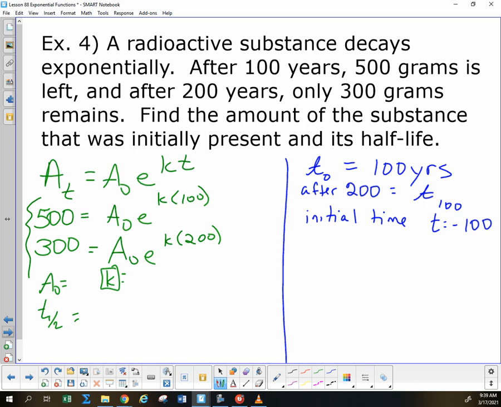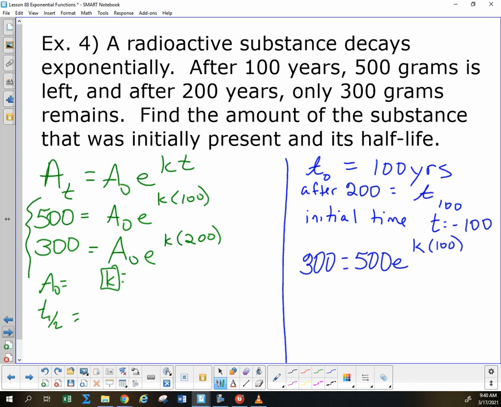So if I wanted to set it up this way, I would need to say 100 years is now my starting time, and I have 500 grams. And then I can plug in 100 years later and have 300 grams, so after 100 years have gone by.